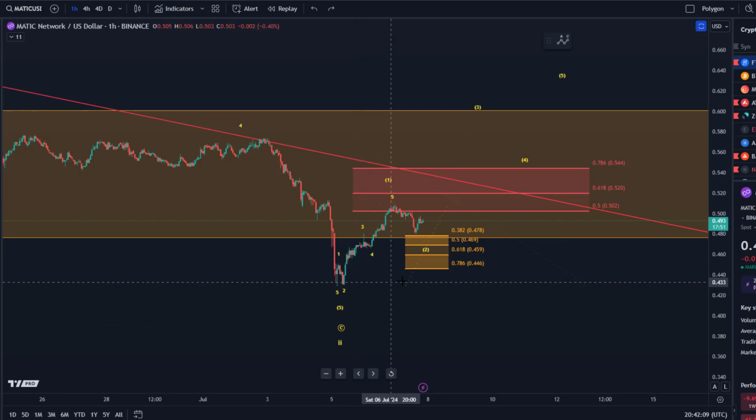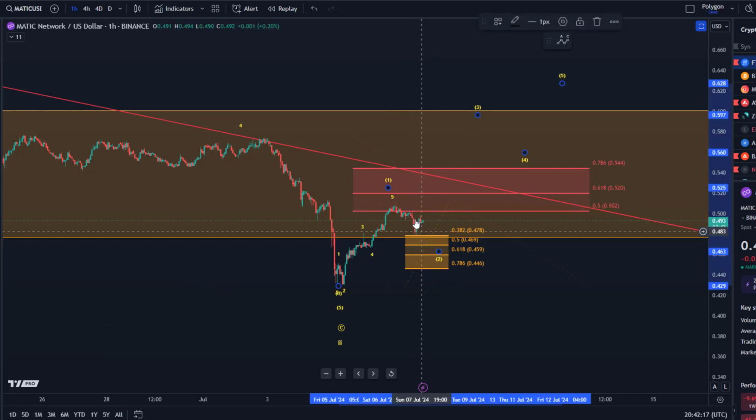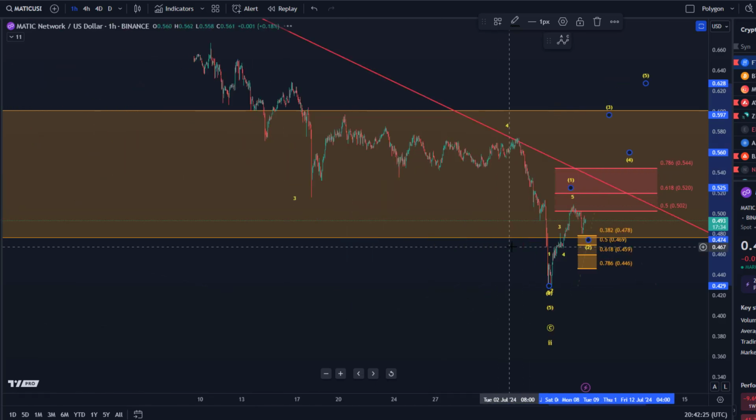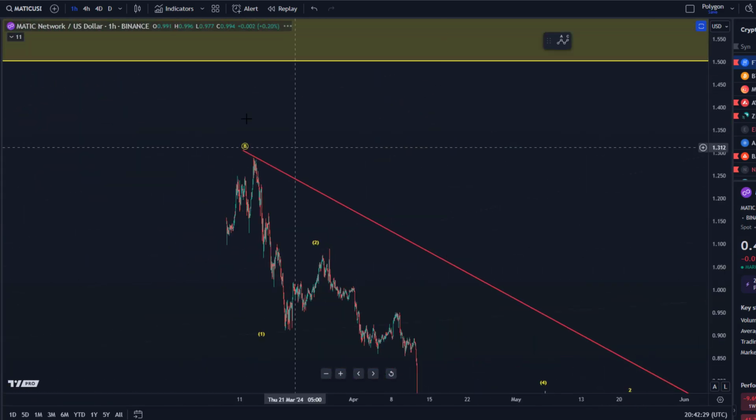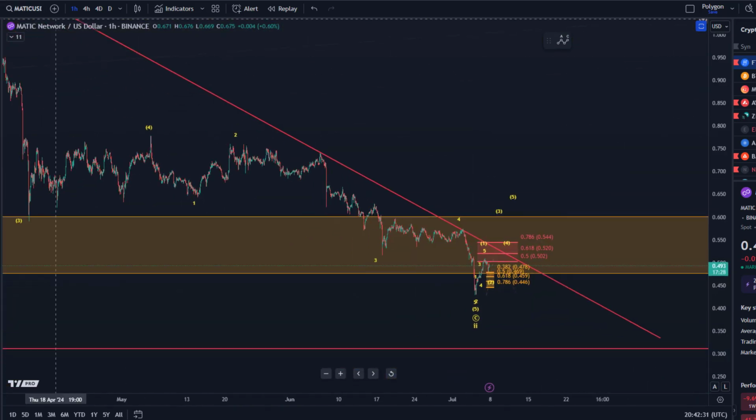So in summary, watch for the orange micro support area. Unfortunately, I don't have a reliable micro count here in wave 2. It's possible that this is still unfolding and we go a little bit lower and this is just an ABC internally, but we're now on a very, very small wave degree. Pay attention to support and the trend line because it has 3 touch points, which is quite meaningful and relevant. That's my update about MATIC.